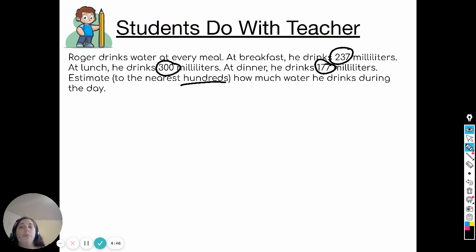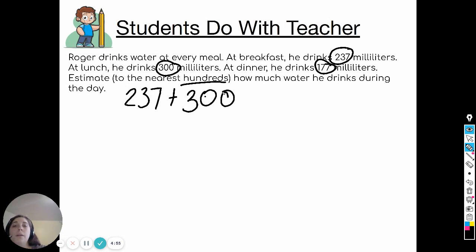Okay, so we have three numbers. We have 237 plus 300 plus 177. And we want to estimate how much he drinks during the day to the nearest hundreds place.